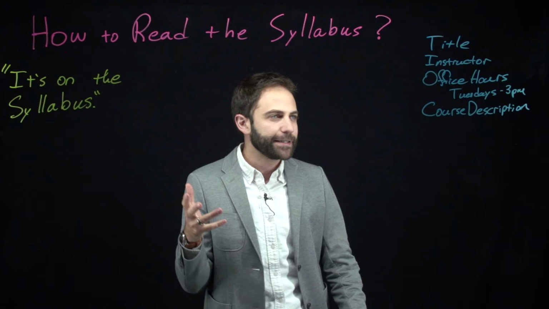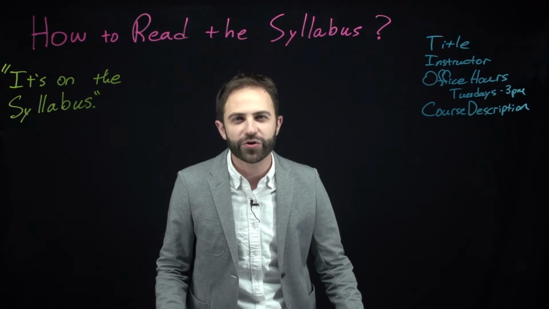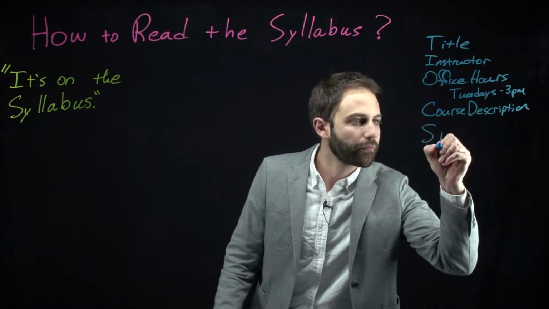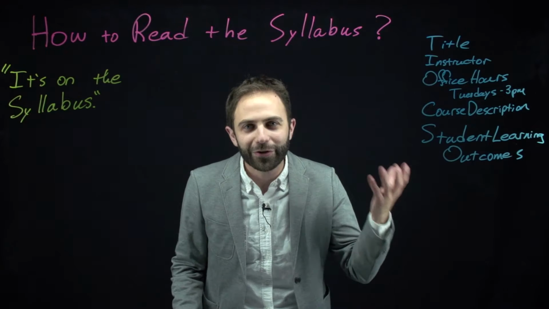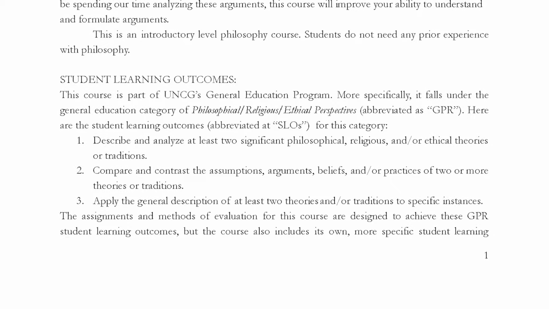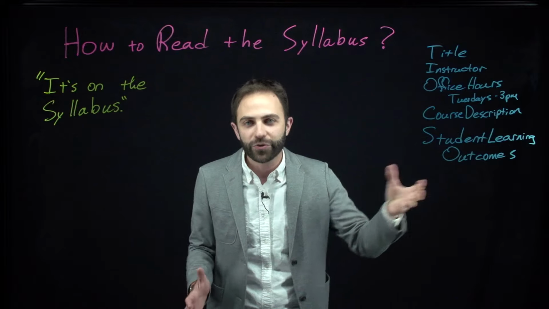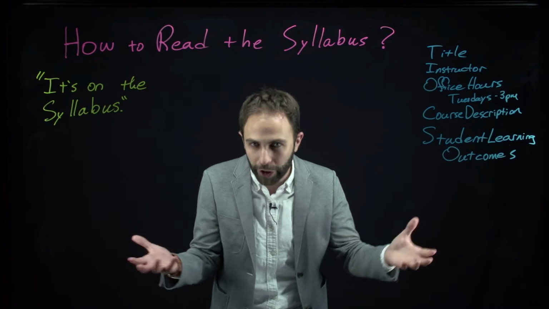The next major thing that you're typically going to find on a college syllabus are the student learning outcomes. Student learning outcomes are the plans that the professor makes up, the plans for what you're supposed to learn from the course. Student learning outcomes are actually really good.